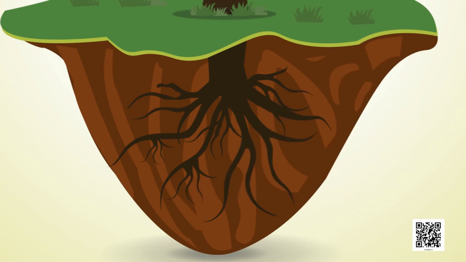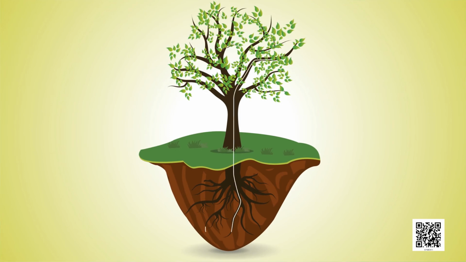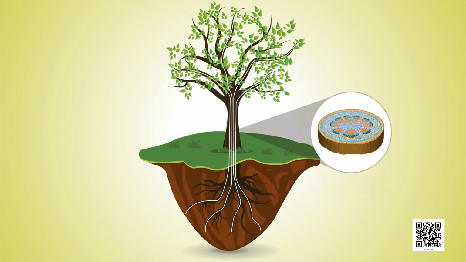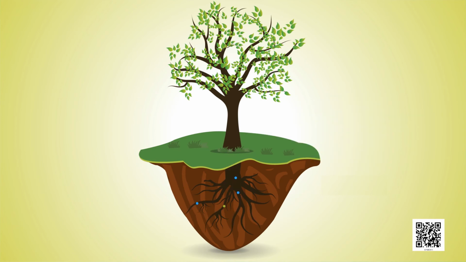Plants have pipe-like vessels to transport water and nutrients from the soil. These vessels are made up of special cells forming the vascular tissue. A tissue is a group of cells that perform a specialized function in an organism.